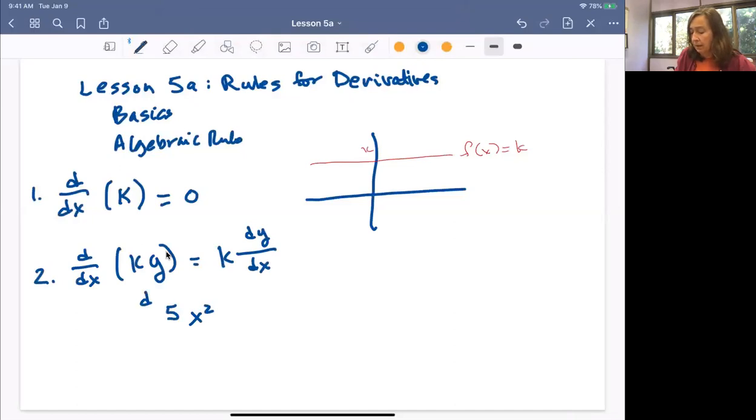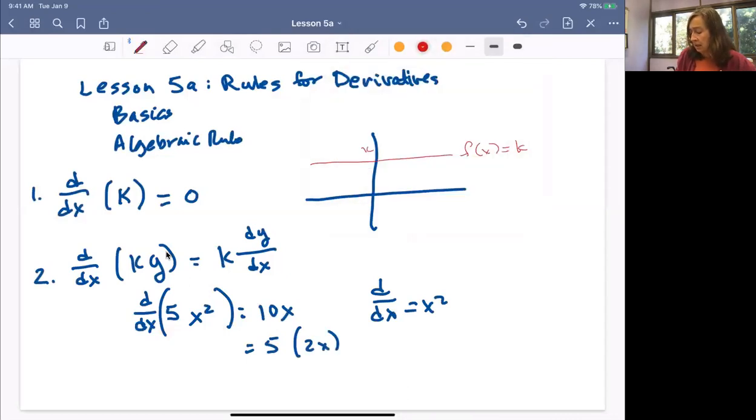If we want to take the derivative of 5x squared, what this is telling us is that we take the derivative of x squared and we multiply it by that same constant. So the way I got this derivative of 10x is that it's 5 times 2 times x, where 5 is my k here, and 2x is the derivative with respect to x of x squared. So that's nice. We can just kind of factor out those constants.